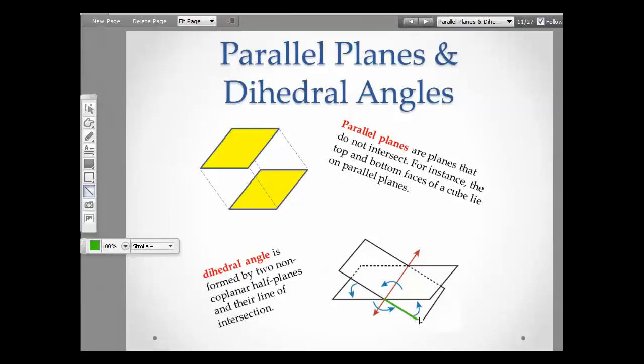So this right here, the green, that's representing one of the dihedral angles. Just want to make sure you understand that. And this blue arc right here is identifying the dihedral angle that's on the bottom. This one's on the top. So you see how you've got two planes intersecting and they've created angles at their intersection. Those are dihedral angles.